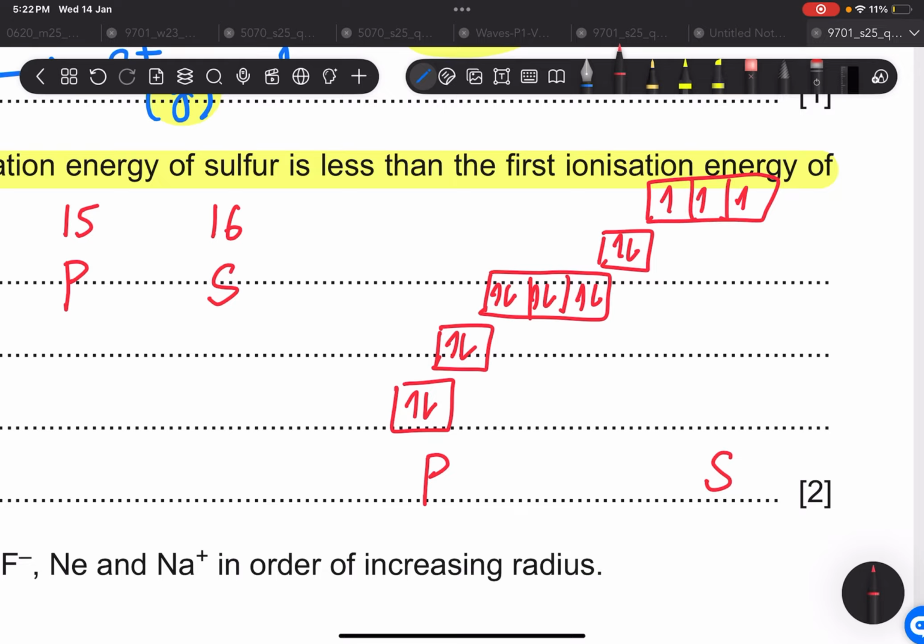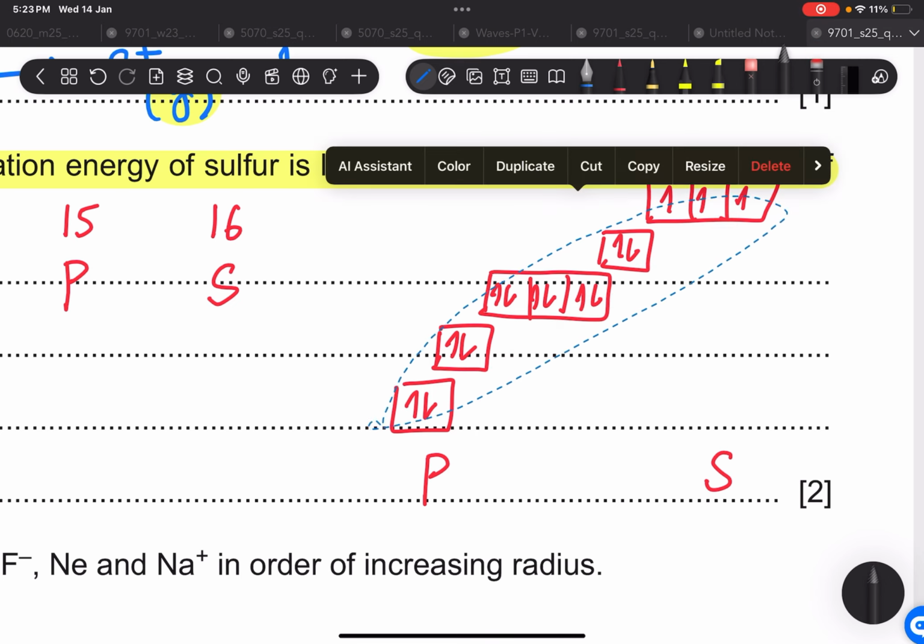That's how sulfur should look. Not sulfur, this right here is phosphorus. That is how phosphorus should look as you move away from the nucleus. But if we talk about our sulfur, it's going to look similar, but there's going to be something different about it. I'm going to show it to you.